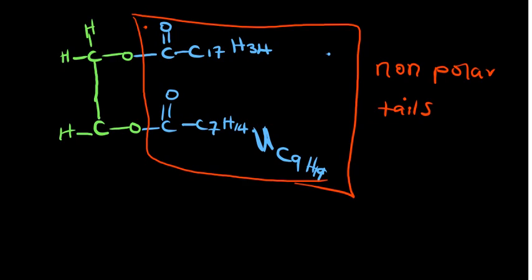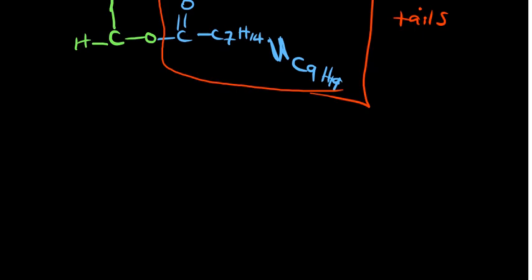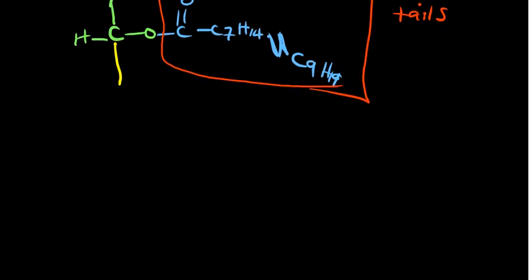Then we have this one where there is a phosphate being attached. So we have this carbon attached to a hydrogen here, and another hydrogen down. Then here it is attached to oxygen. Then this oxygen is attached to a phosphate.